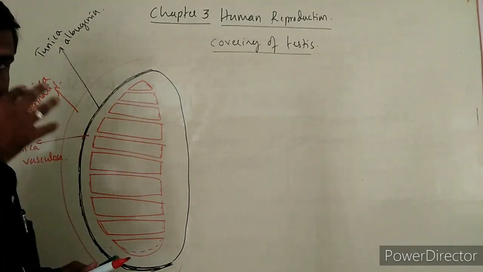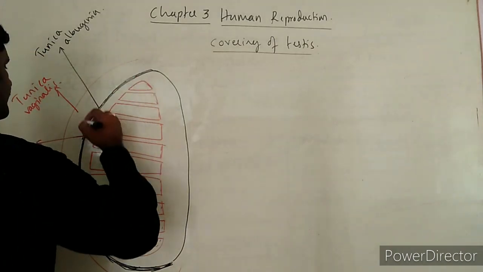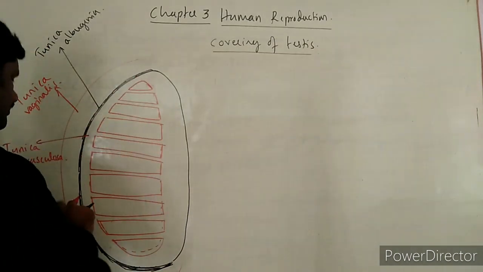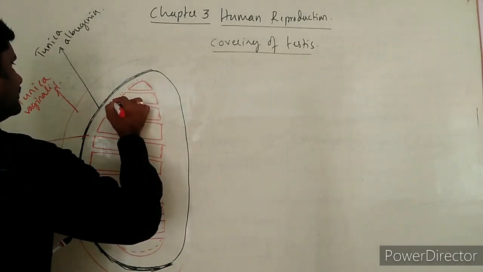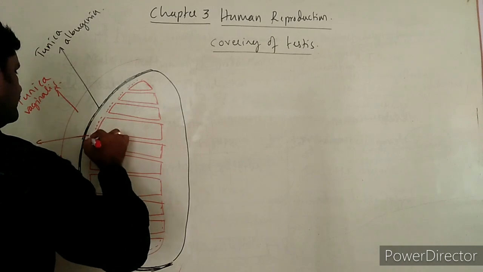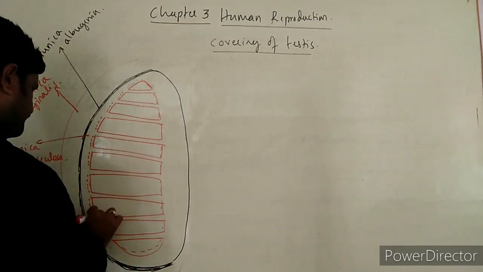Now I am going to highlight Tunica vasculosa here. It makes the lining of the Tunica Albuginea.